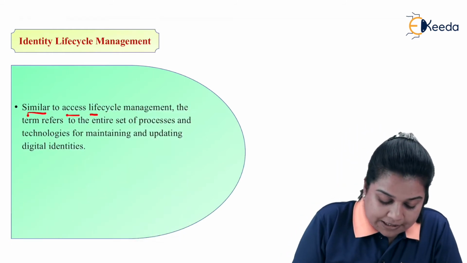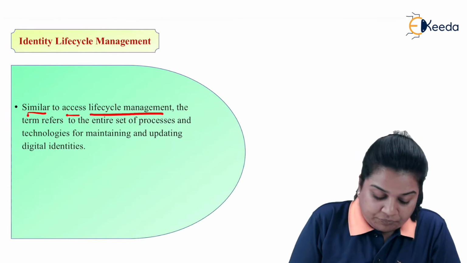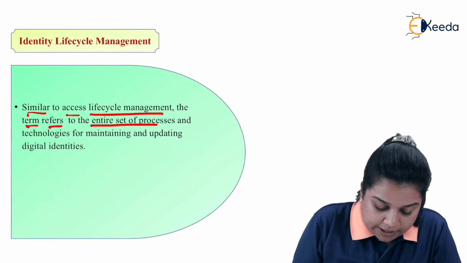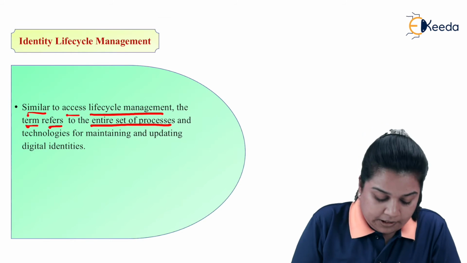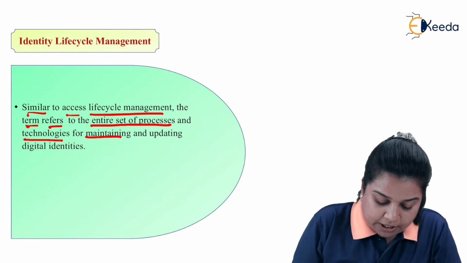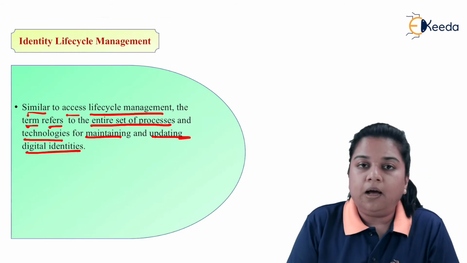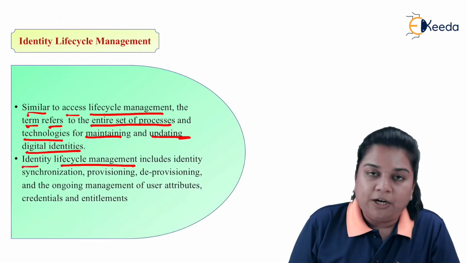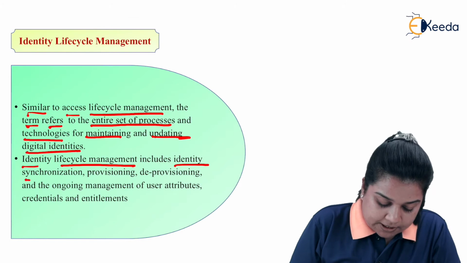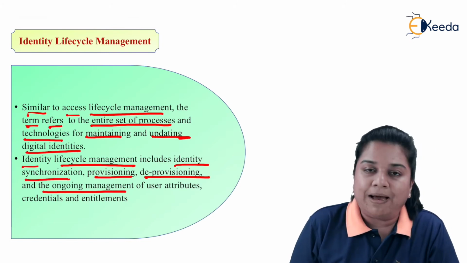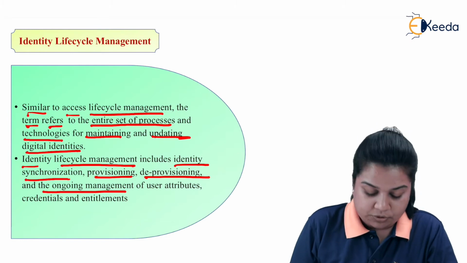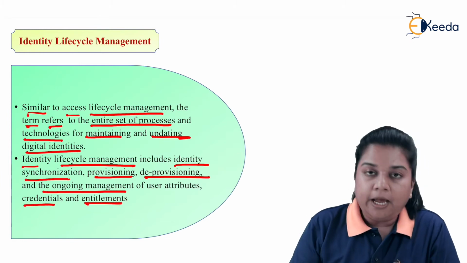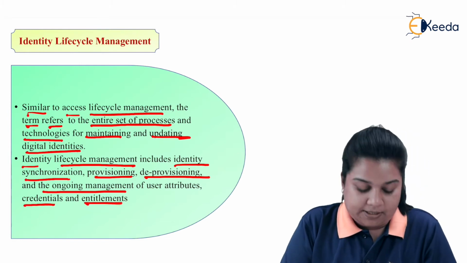Similar to access lifecycle management, the term refers to the entire set of processes and technologies for maintaining and updating digital identities. Identity lifecycle management includes identity synchronization, provisioning, deprovisioning, and the ongoing management of user attributes, credentials, and the entitlements which it has.